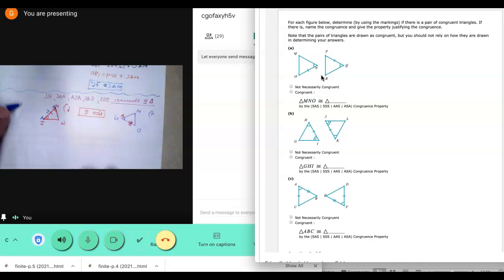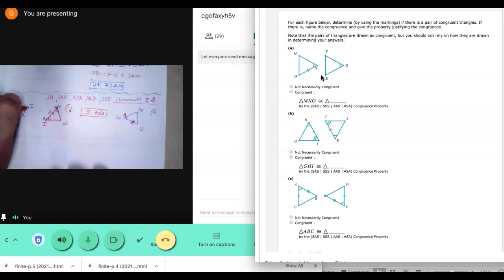Let's go ahead and draw the other one out. Okay, so there it is, and again, we have an angle here, a side here, and an angle here.